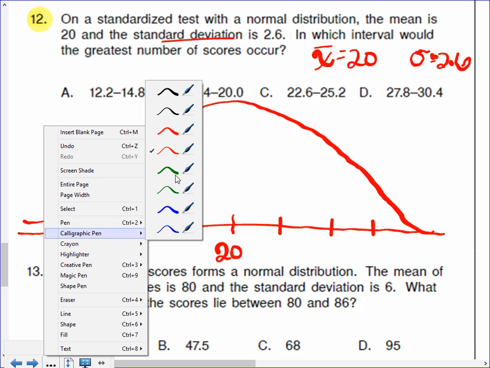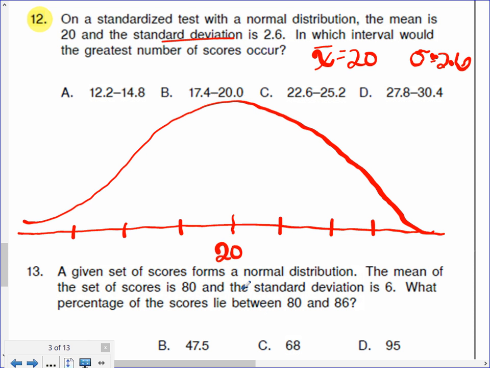Yvonne, can you help me label the right side? What goes over here? 20, 22.6. Give me another one. 25.2. Good.